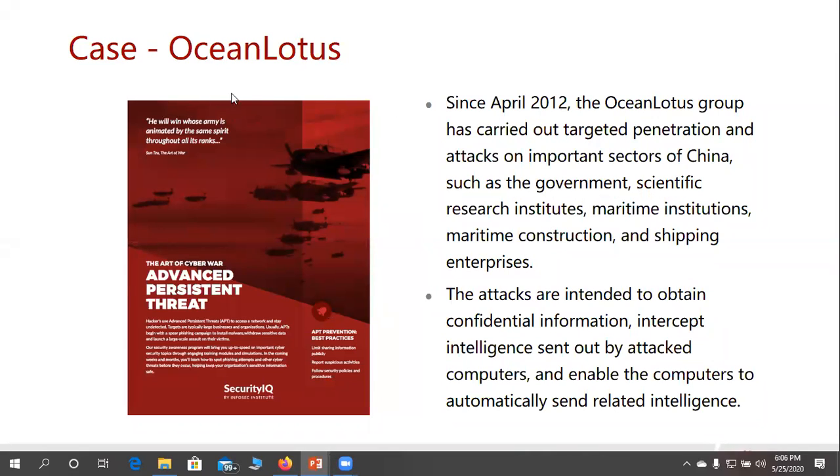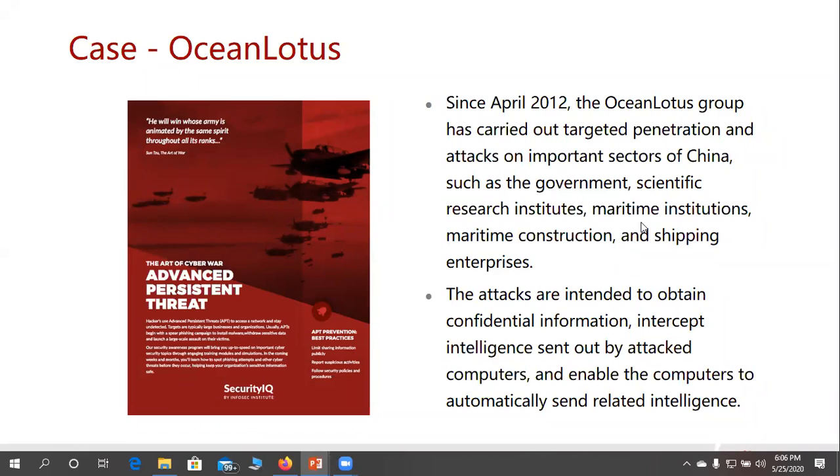So this is another case, OceanLotus. Since April 2012, this group has been launching cyber attacks against a number of important sectors in China, such as the government, scientific research institutions, maritime institutions, and so on.